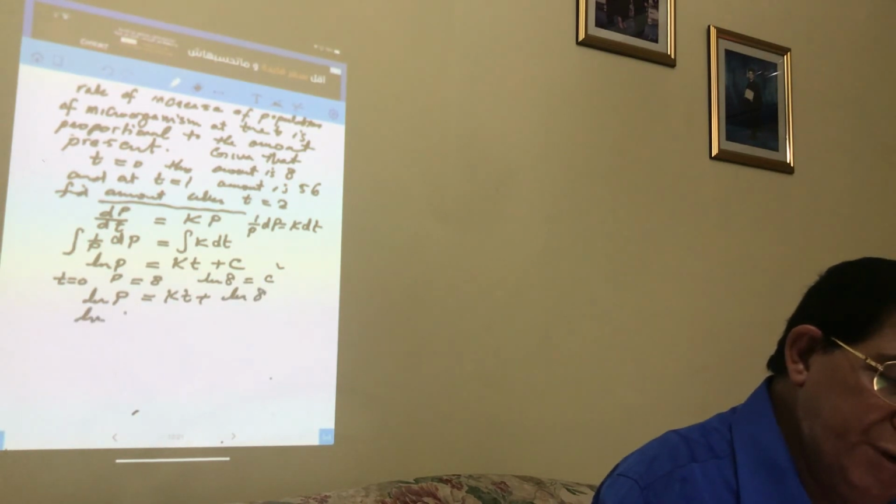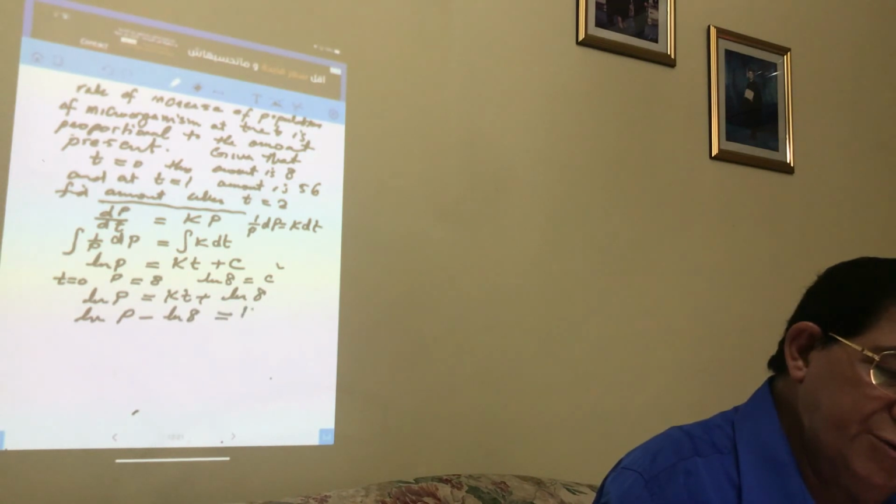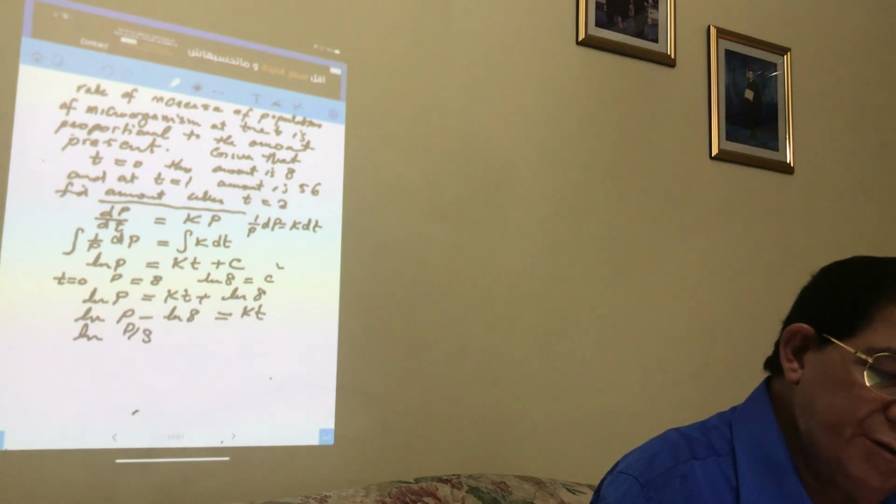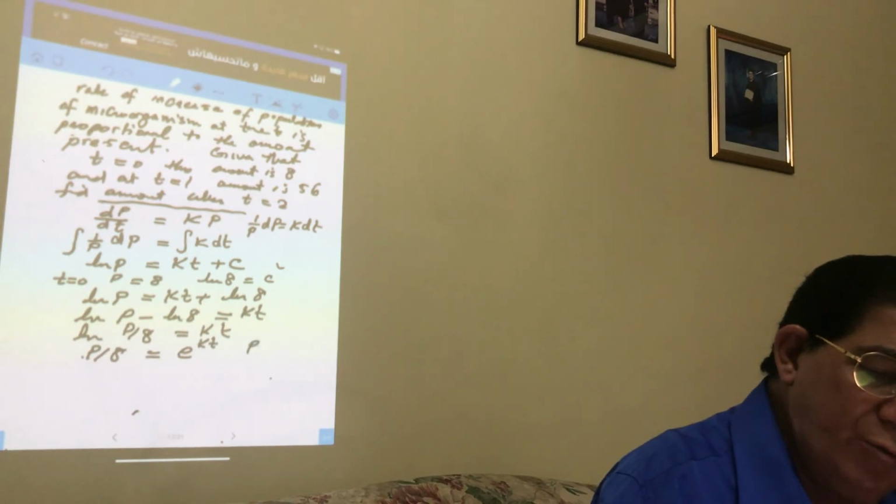So ln P minus ln 8 equals kt. So ln P over 8 equals kt. This means P over 8 equals e to the power kt. Therefore, P equals 8 e to the power kt.